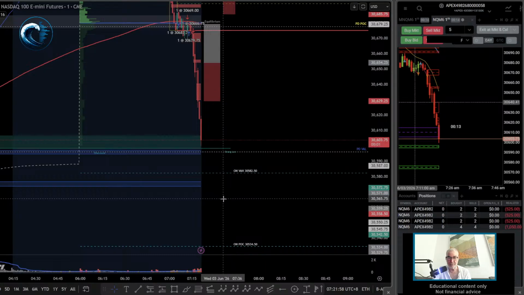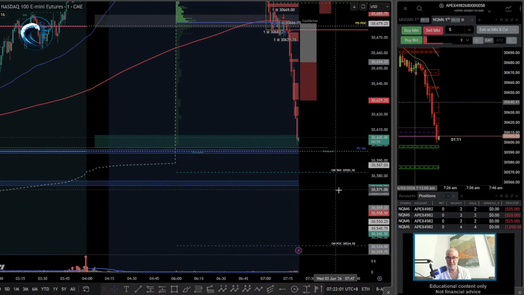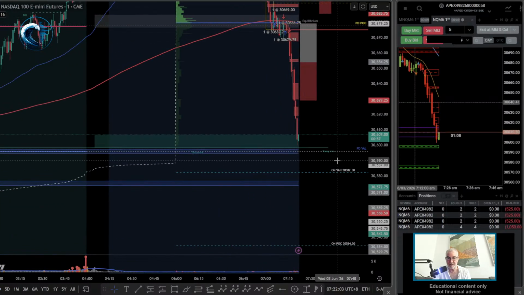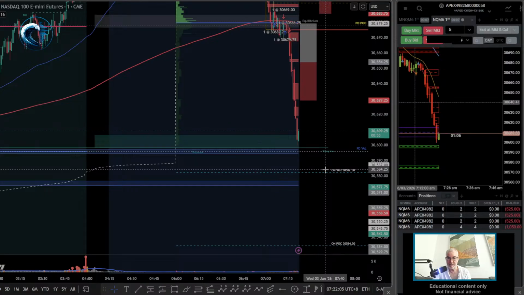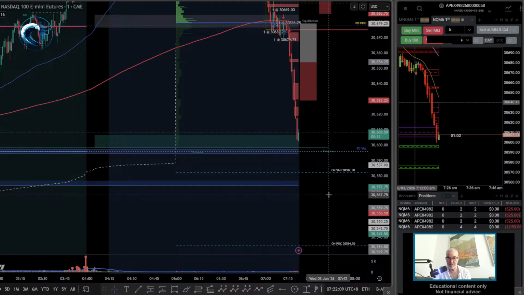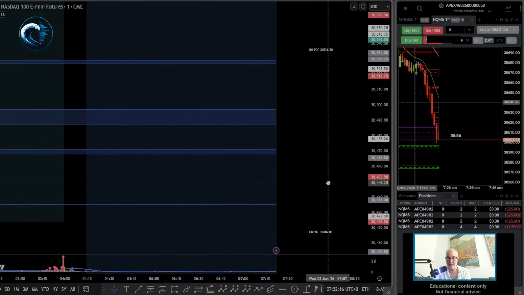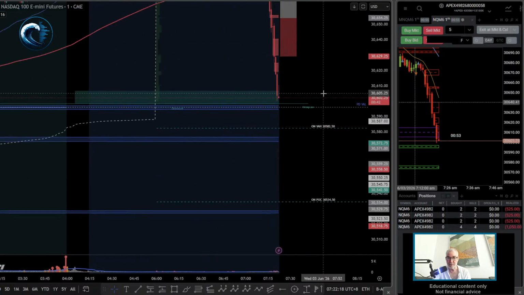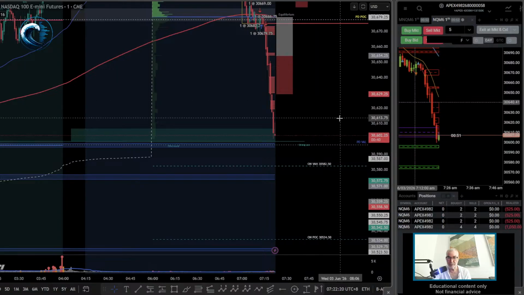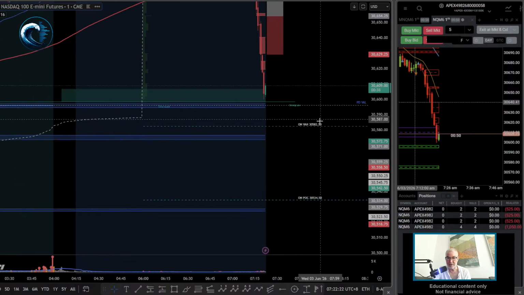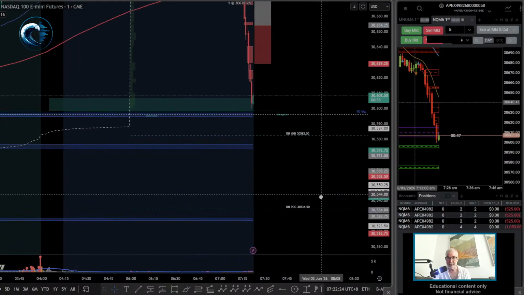Okay, now we've got a couple of areas of interest here. We've got the previous day value here. We've got the overnight value high, the overnight POC and the overnight value low. So does Asia want to test these lower levels from the start?